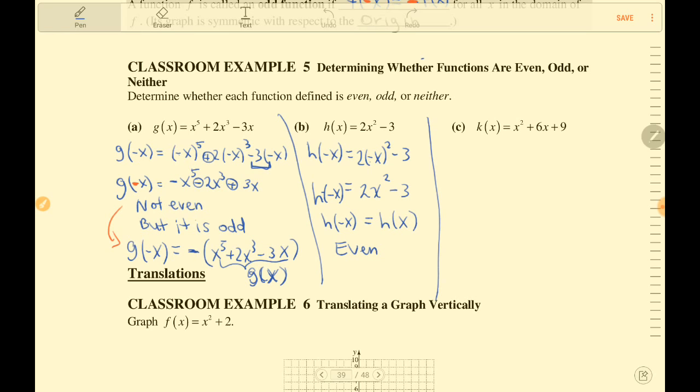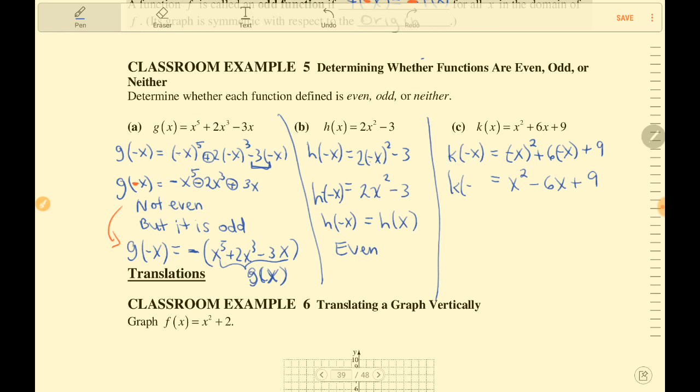All right, so the next part C, k of negative x. I'm just plugging in a negative everywhere. Negative x there, negative x there. Then simplifying, this becomes a positive x squared, negative 6x. The 9 stays the same sign.